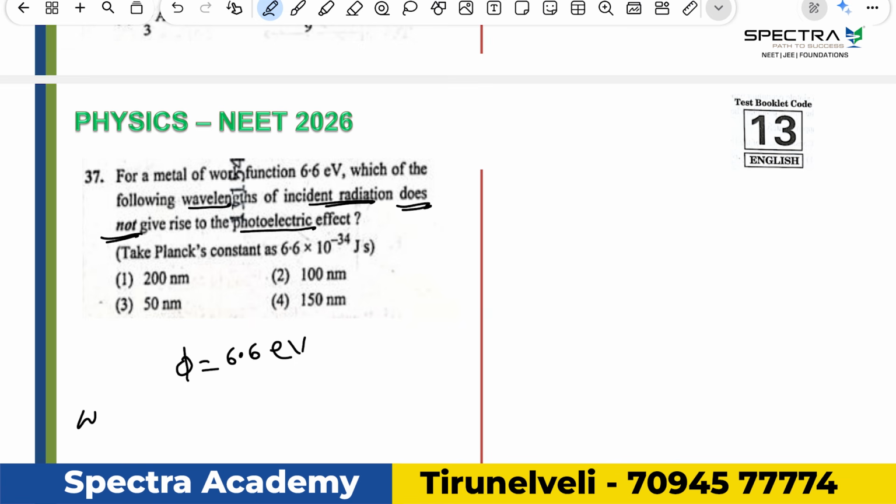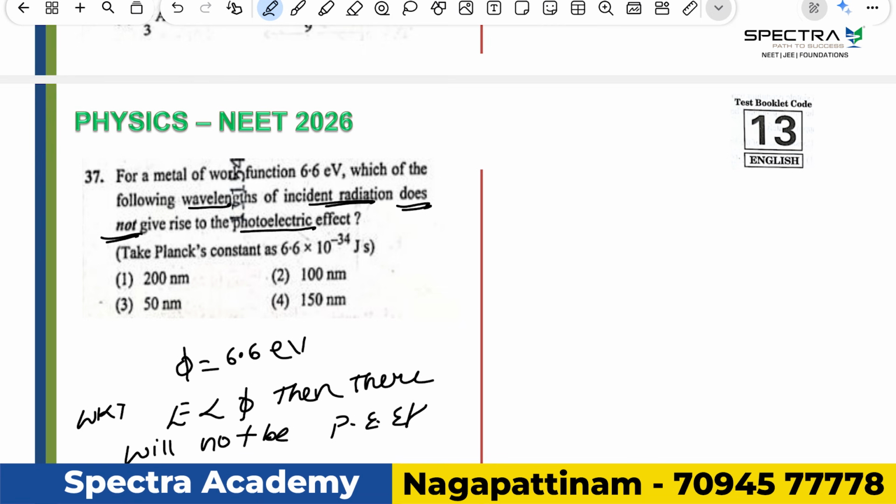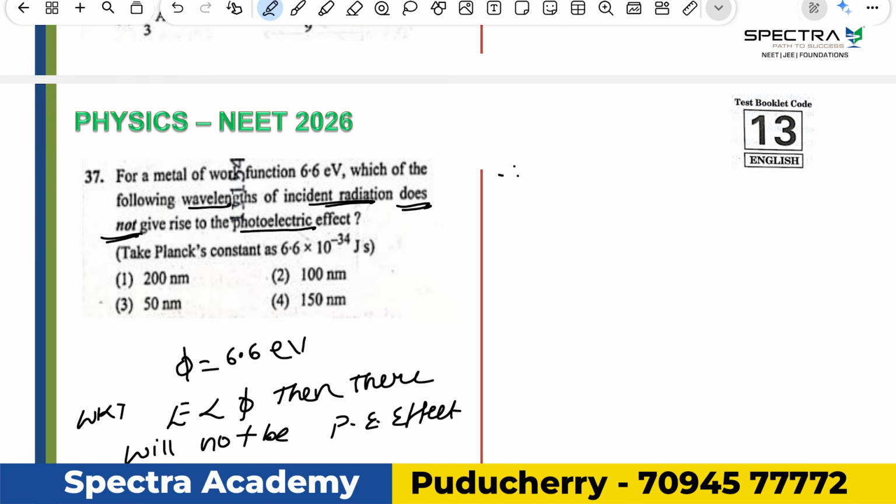We have studied clearly that if the energy of the incident radiation is less than the work function, then there will not be photoelectric effect.